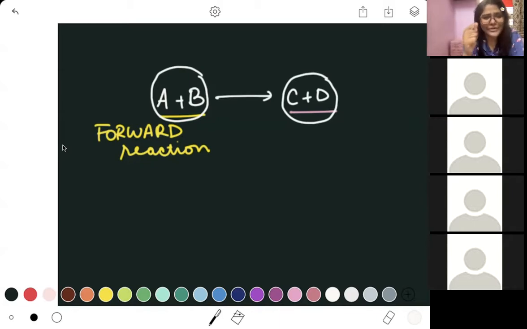Before this also I have written down on multiple occasions dA by dt, or d by dt, that is how your differentiation works. We have used this concept in many other places as well, but here specifically we are going to use the process of differentiation, and we are going to define that process as well.